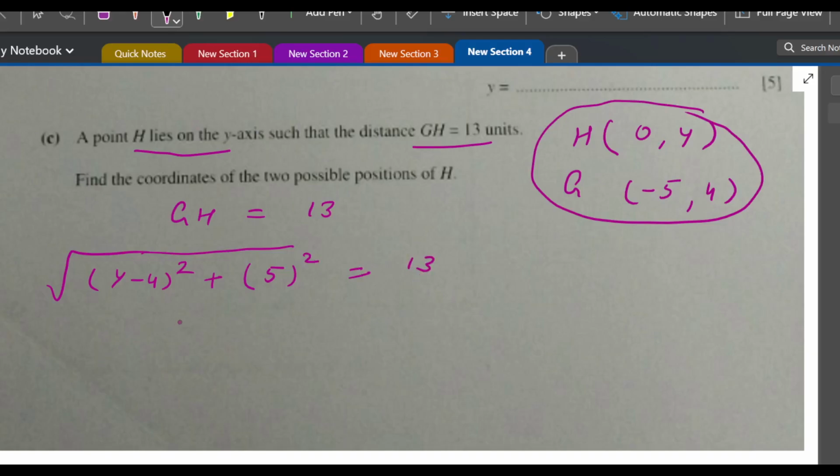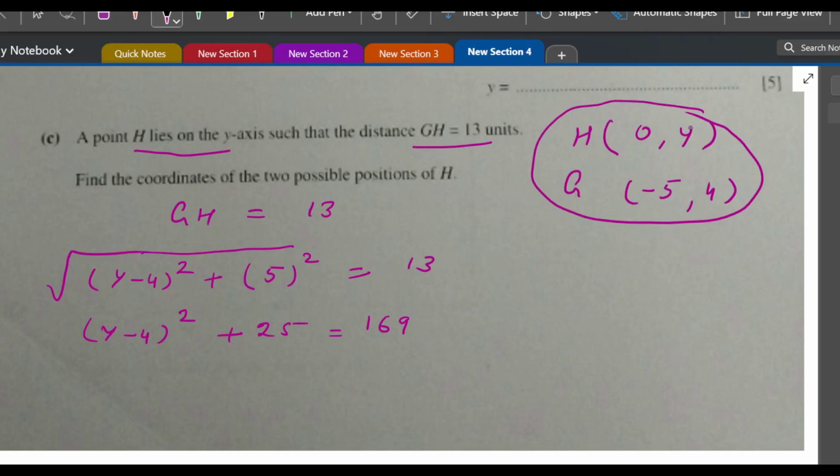Okay, now shall I square it? Okay, so that is what I was doing in the beginning only. Okay, square it. Plus this is 25, and here it is h, I assume as 0 comma y, as it is on the y-axis. On the y-axis, my x coordinate is 0.